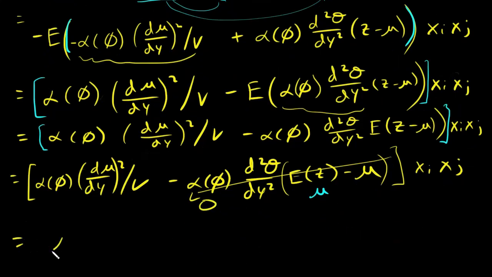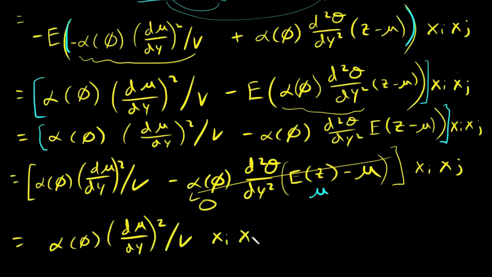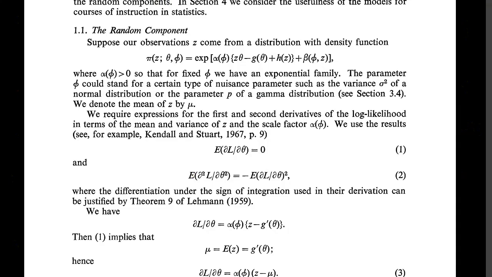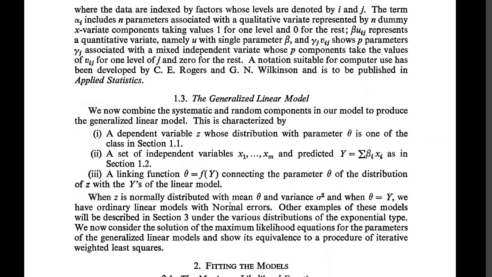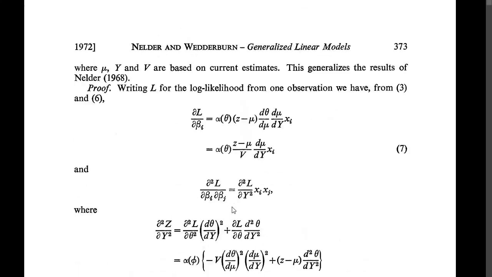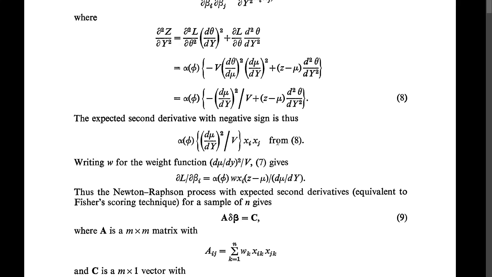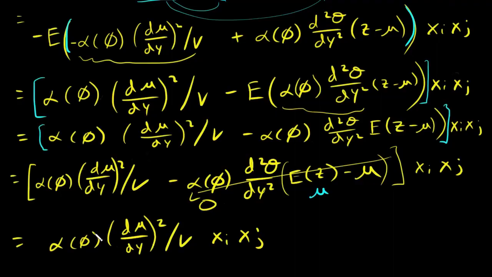So then I'm left with just copying down this first piece here. All right, so this piece times xi, xj, right? And if I go back to my paper, okay, scroll back down to equation 8. All right, we see that's exactly what they have written here. All right, so we successfully have shown that an element of the Fisher information matrix equals what they've written there. Okay.